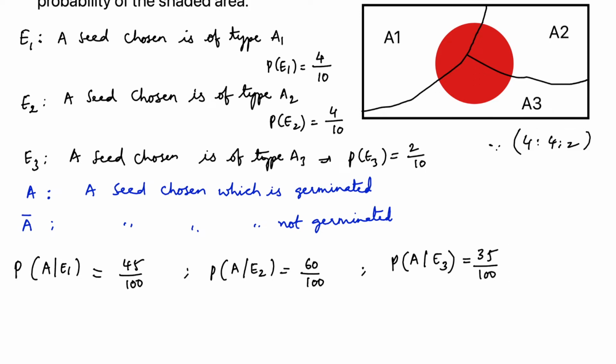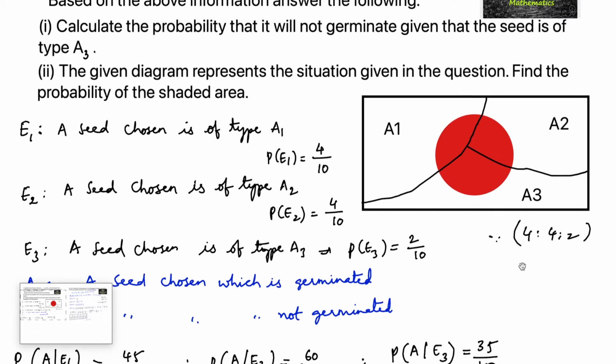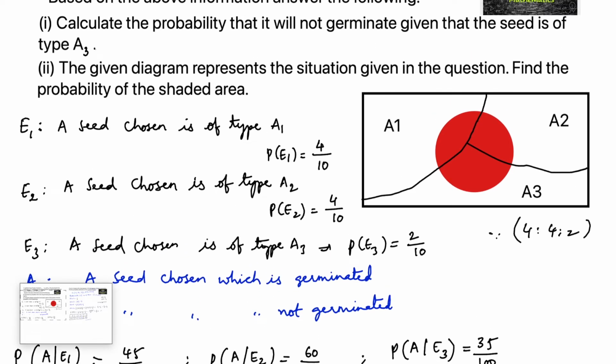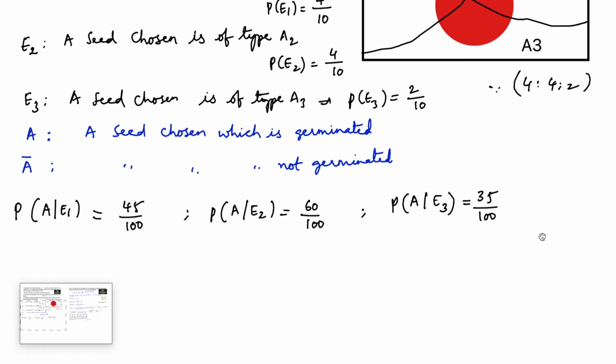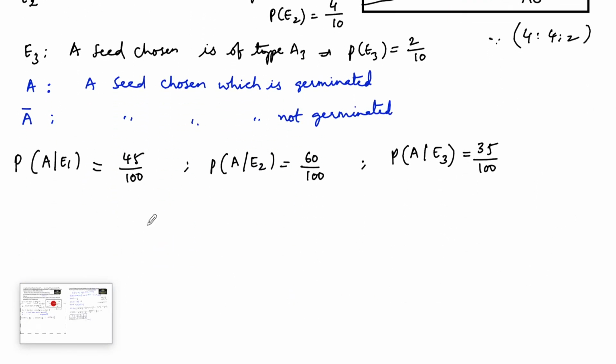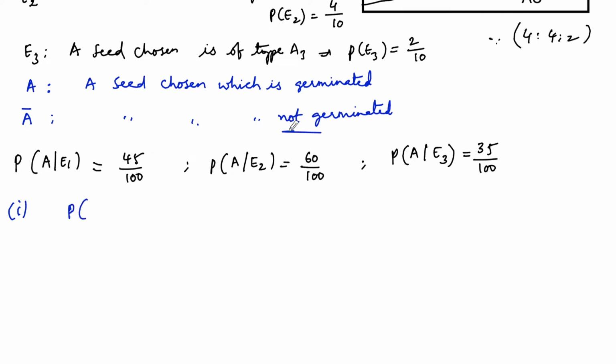And now the first question: calculate the probability that it will not germinate given that the seed is of type A3. Not germinated means we should consider the event A bar, and it is given that the seed is of type A3, that is event 3.